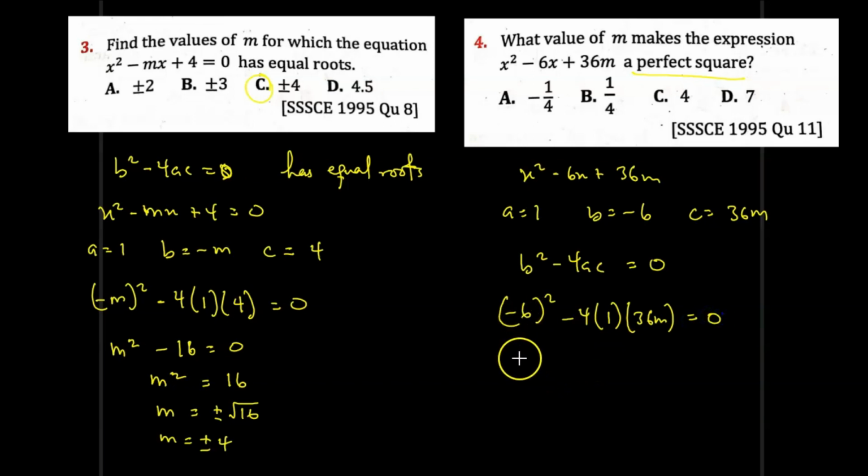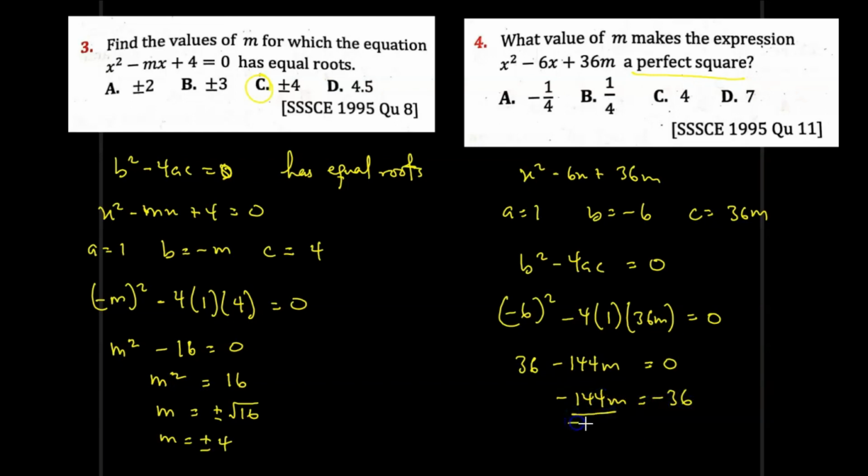So we have 36, then 4 times 36 from the calculator, we have an answer of 144. So we have negative 144m equal to 0. Now, grouping terms to solve for m, we have negative 144m equal to negative 36.